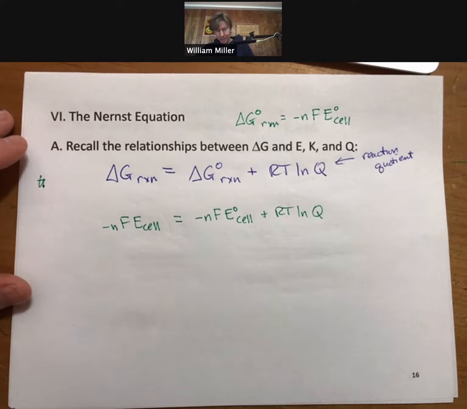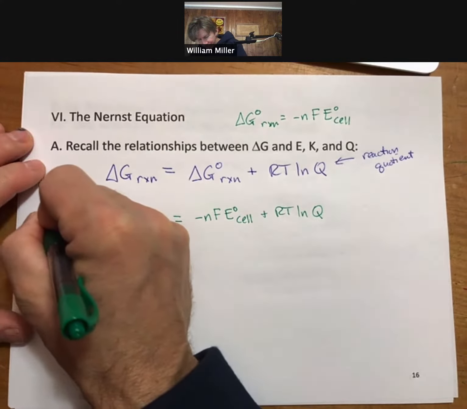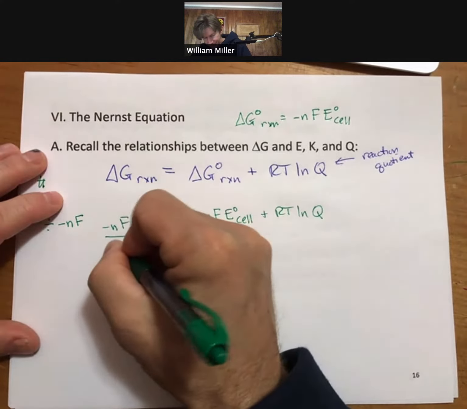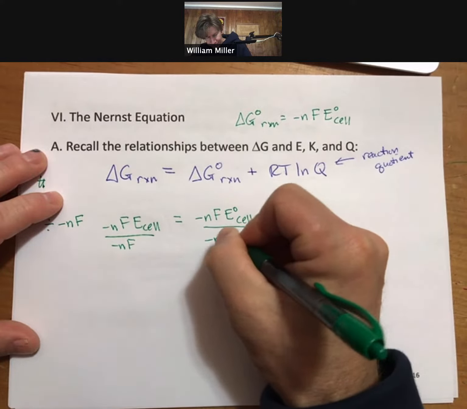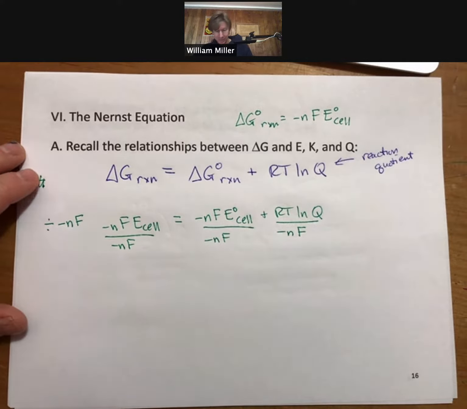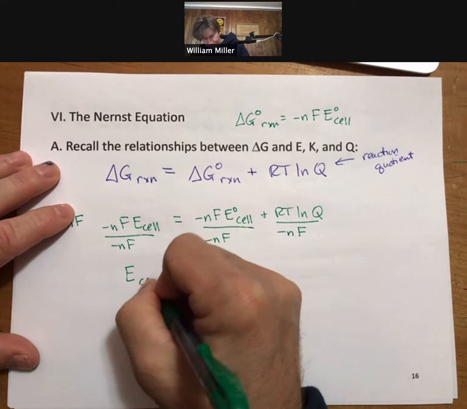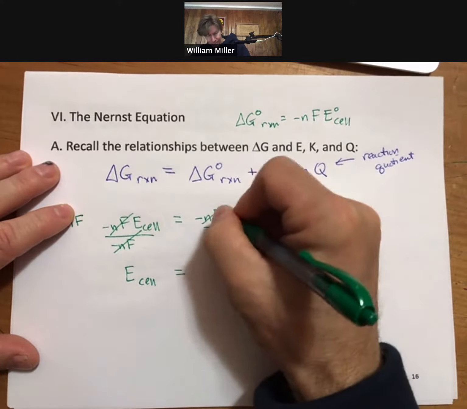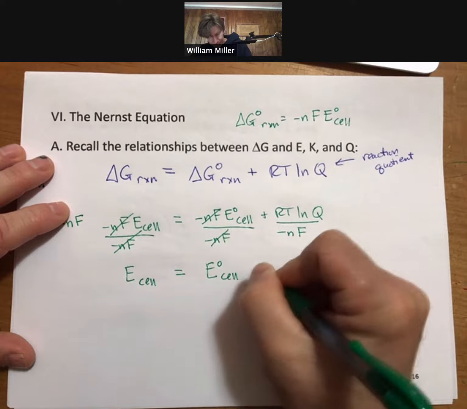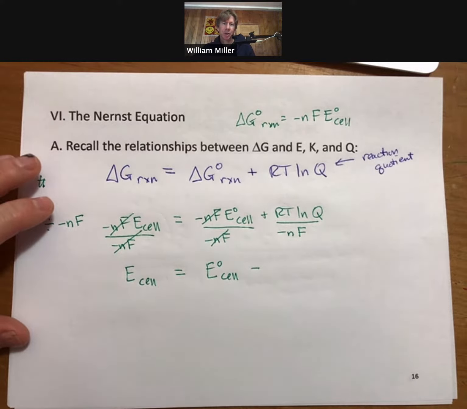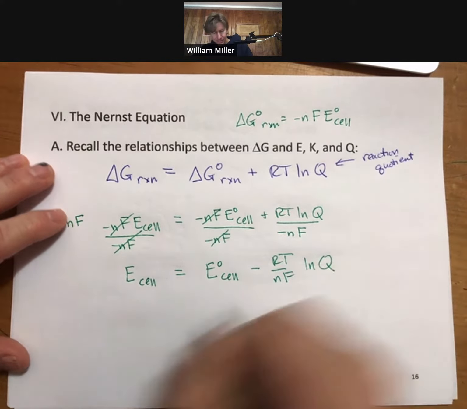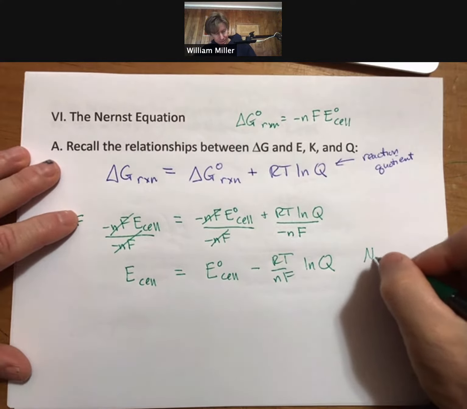Well, we're not quite done. Now we have to divide through by minus NF to get what's called the Nernst equation, and it says that E sub cell equals E naught cell, the standard cell potential, minus RT over NF ln Q. And this is what's called the Nernst equation.